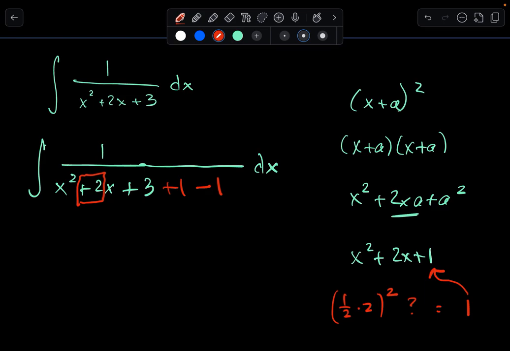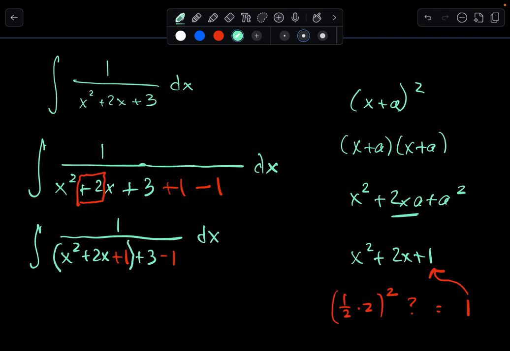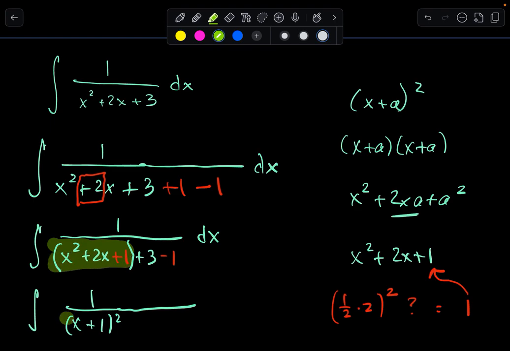But what I have done is I've made it so that I have completed what I've called the square. So I'm going to do a little bit of moving things around here. Okay, and then this stuff is the square of x plus 1, right? That's what all this is, right? Okay, and then the other stuff is just a plus 2.